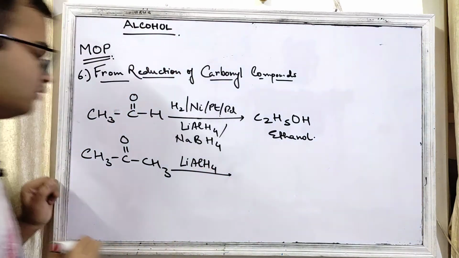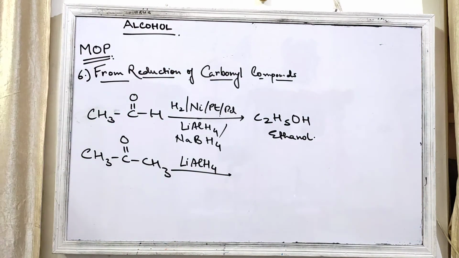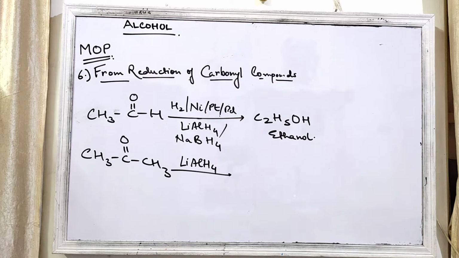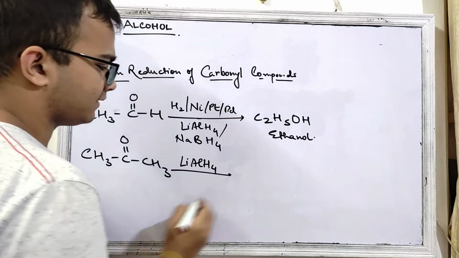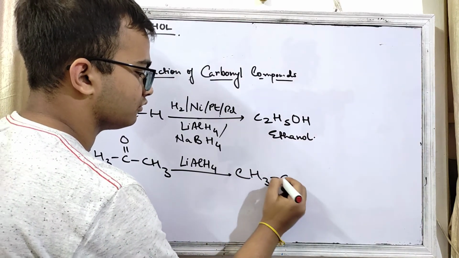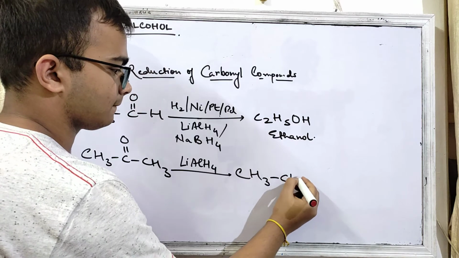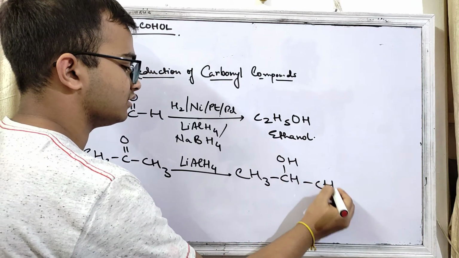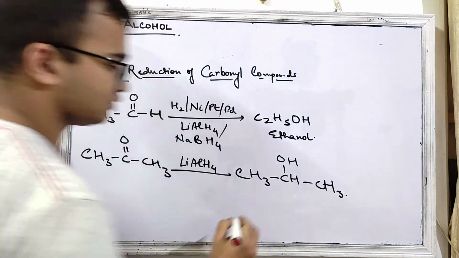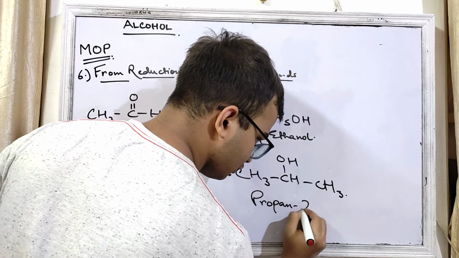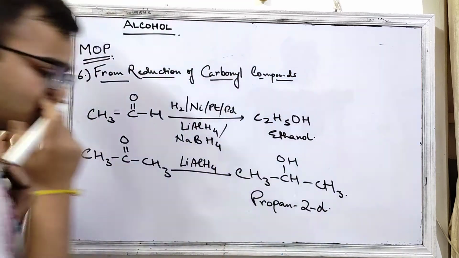When you treat acetone, with lithium aluminum hydride, you obtain this. This is called propanol, CH, here will be OH, and here will be CH3. This is propan-2-ol. Clear?